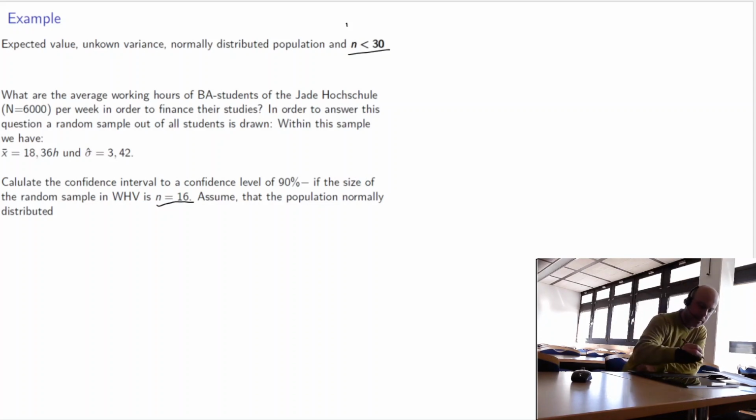We know that at Yale University we have roughly 6,000 students, but from your sample of 16 answers, we know that these people are roughly working 18.36 hours per week, plus minus a standard deviation of 3.42.